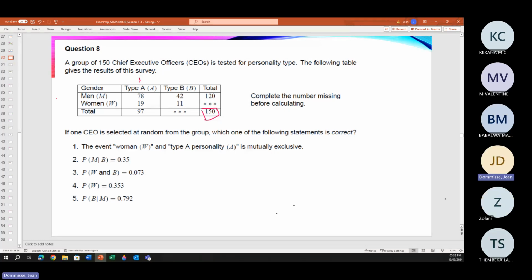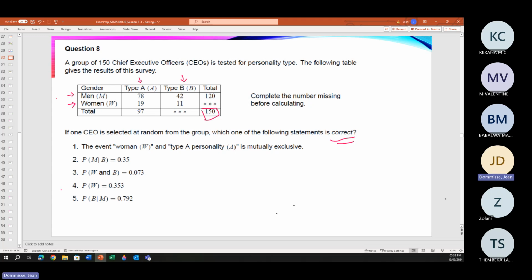So we're looking at a type A and a type B. And then they want us to look if there are differences between the men and women for type A and type B. Then they say if one CEO is selected at random from a group, which one of the following statements is correct? Okay, important, correct.